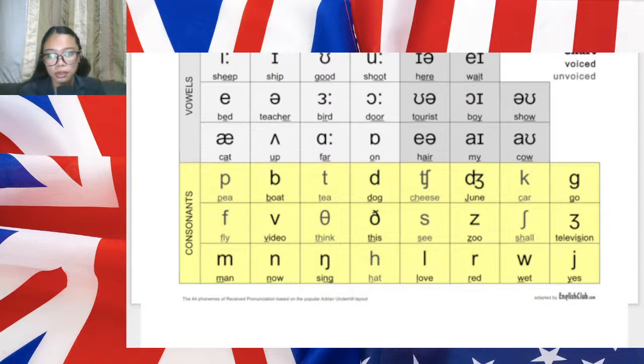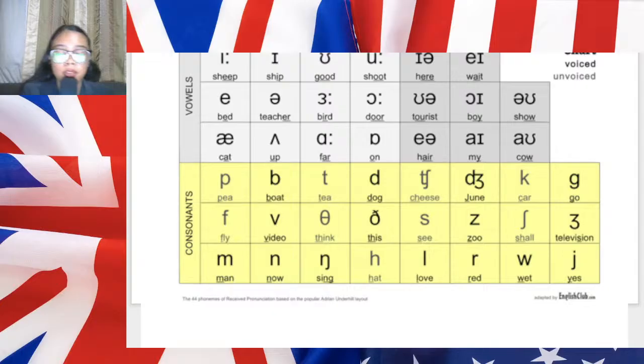There's just one single vowel sound here. It's not a combination. So yes, mono refers to one or single, and the other half of the word, thong, means sound. So one sound, if we dissect that.